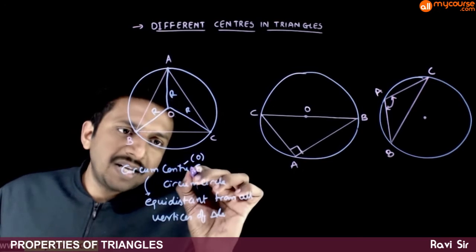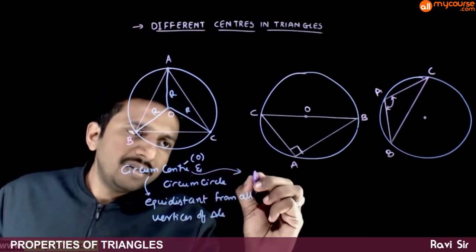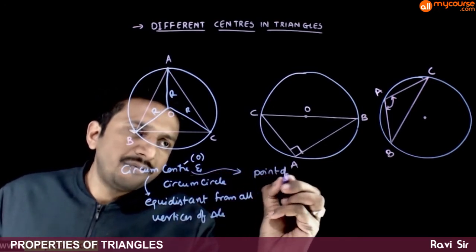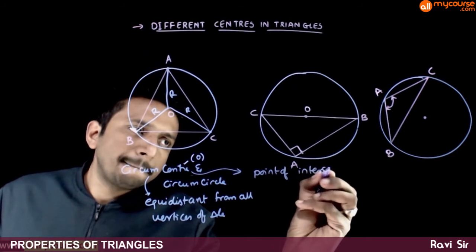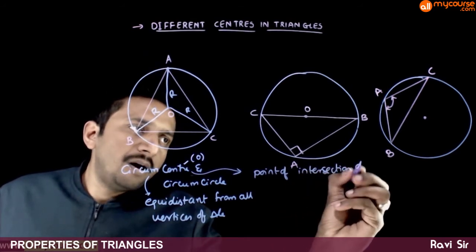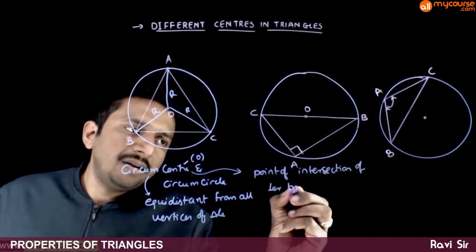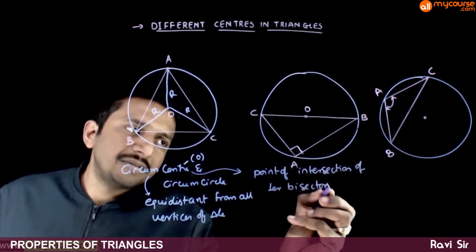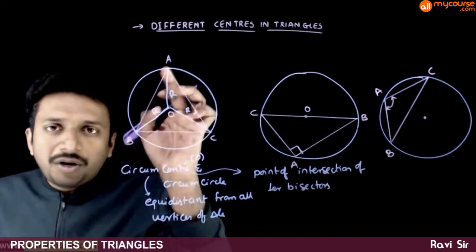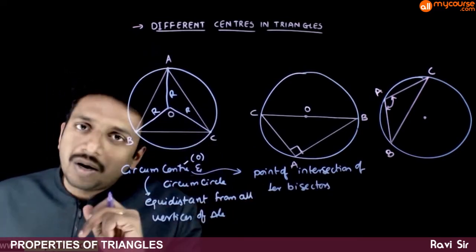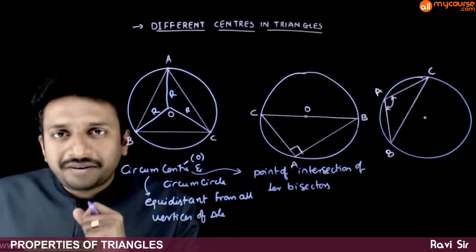So the circumcenter is nothing but the point of intersection of perpendicular bisectors.